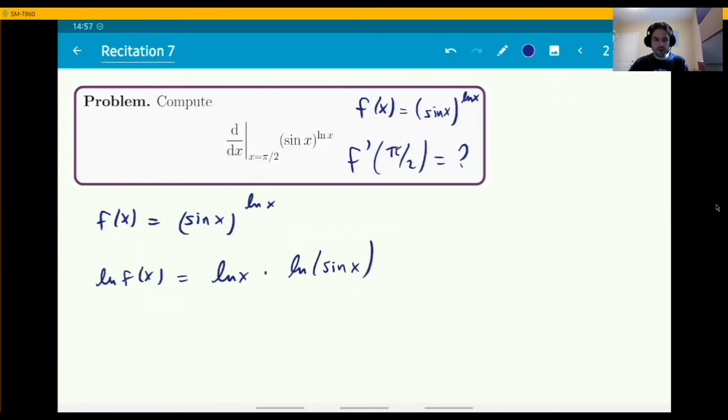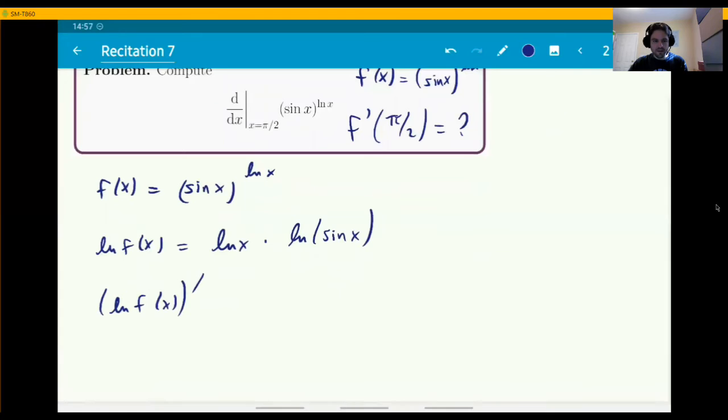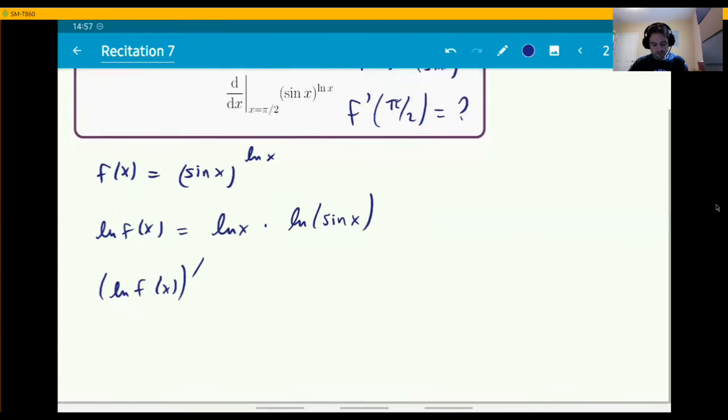That's the log of f of x. We're going to find the derivative of this expression because it's easier than the original function. So on the one hand, once again, this is the fact that you should always know, which is a consequence of the chain rule. Ln of f of x, when you take the derivative of that, you will always find f prime over f.